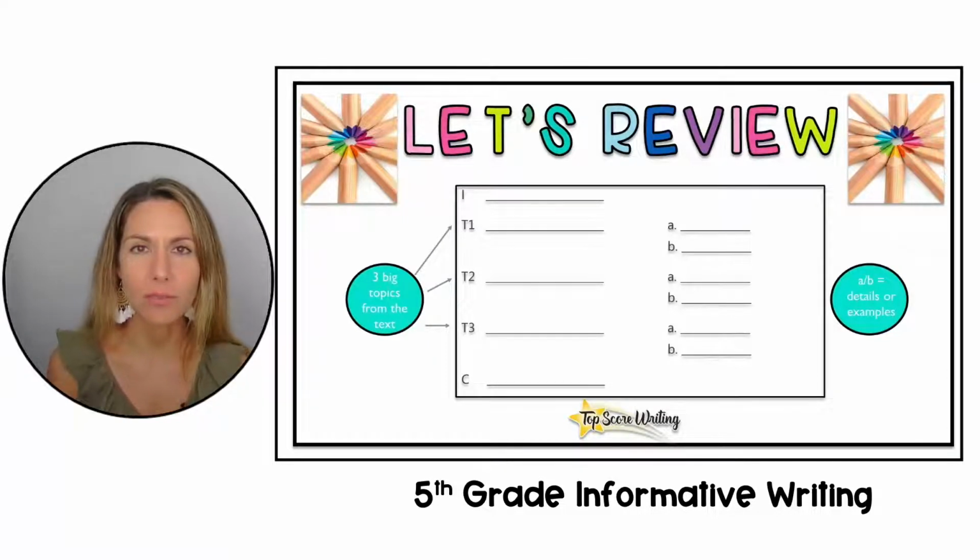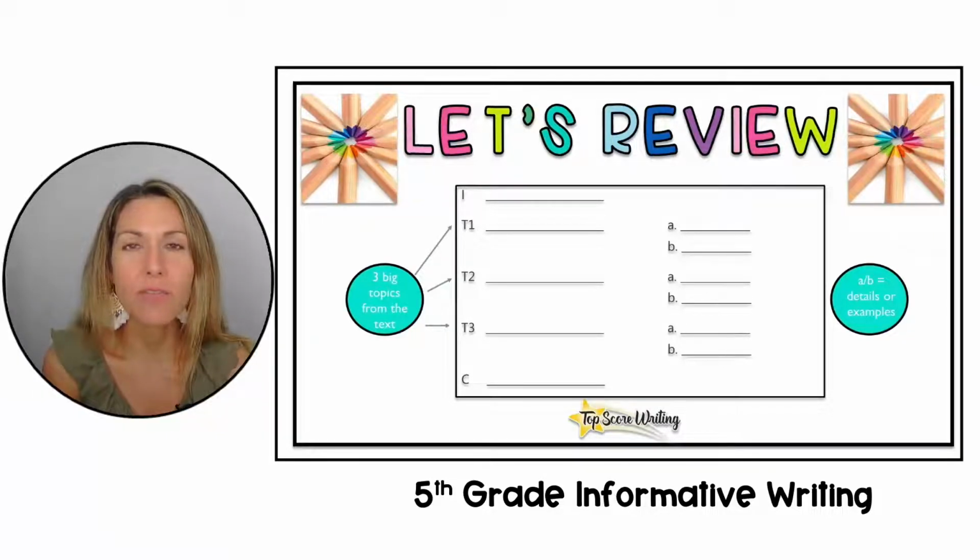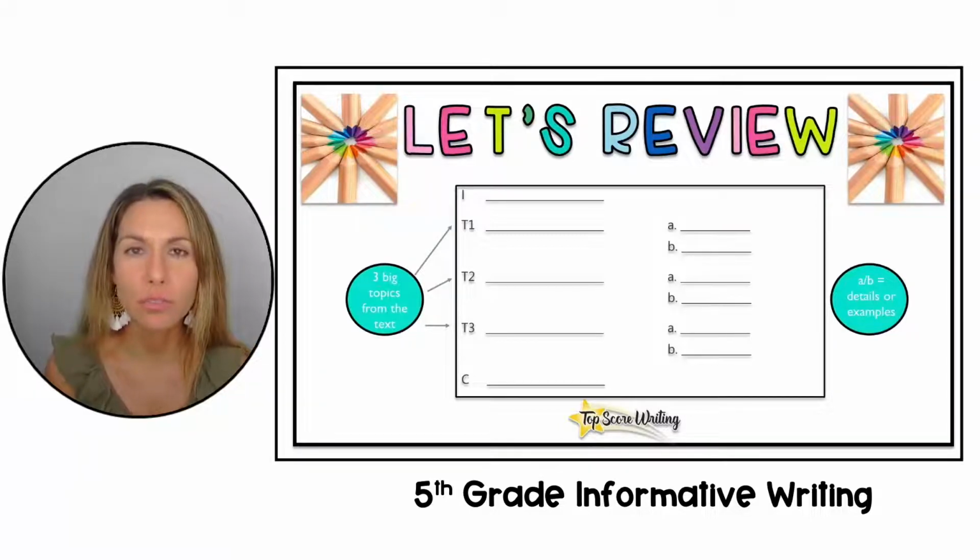We call those T1, T2, and T3. For each of these big topics that we inform our reader about, we are also going to include 2 subtopics, which we call our A's and B's. These are details and examples that teach our reader even more information about the topic of that paragraph.